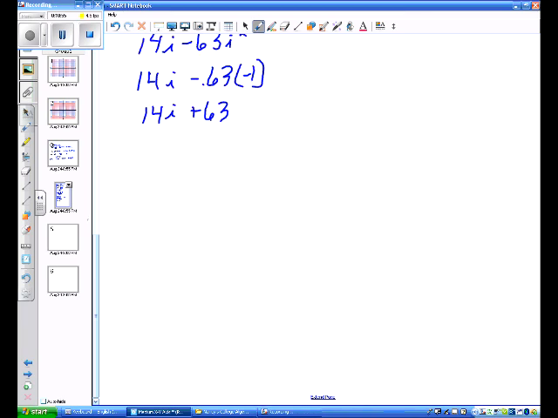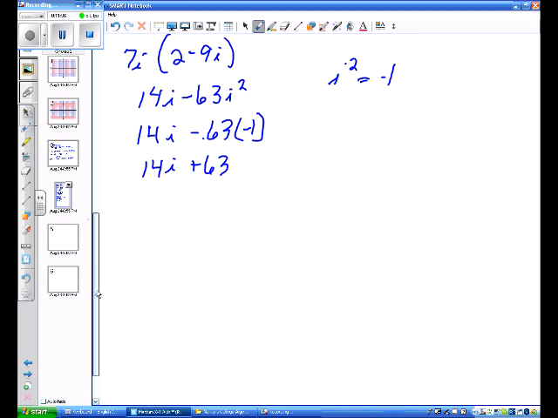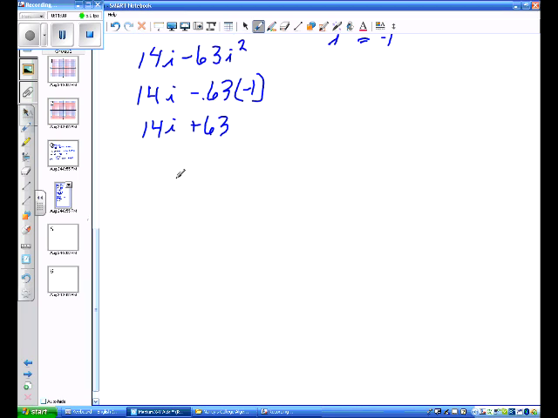If we were multiplying two complex numbers, in this last case we had multiplied a pure imaginary times a complex number. So if we go through and we multiply two complex numbers such as 5 plus 4i times 6 minus 7i. Now this looks like multiplying two binomials like we've done previously, and that's what we're going to do.